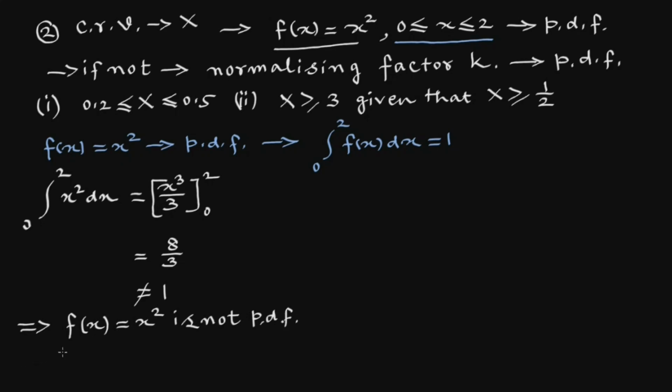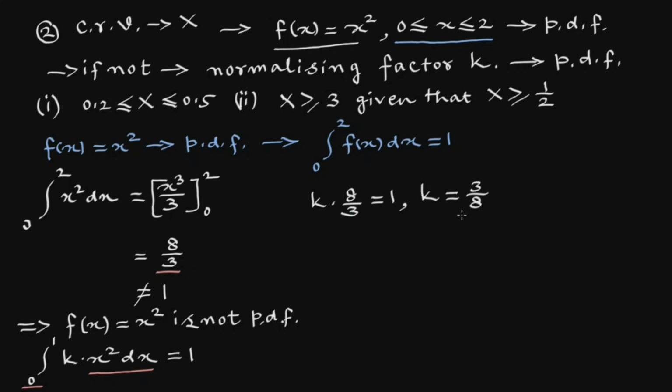So we consider a normalizing factor k and write the integral from 0 to 2 of k x square dx equals 1. The value of the integral of x square dx is this 8 upon 3. So it will be k into 8 upon 3 equals 1. That gives k equals 3 upon 8. So 3 upon 8 is the normalizing factor k.